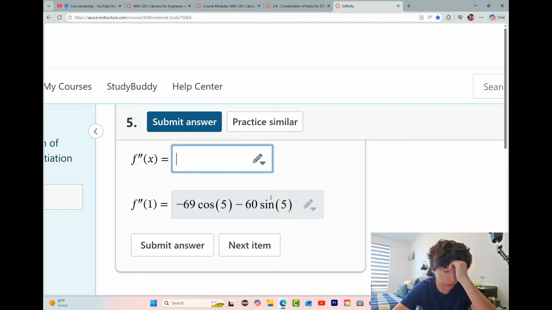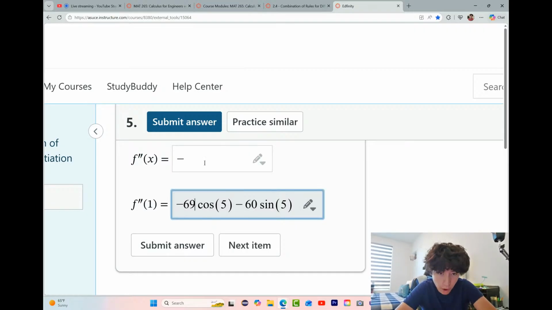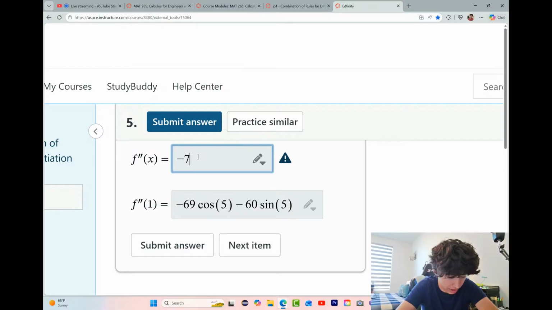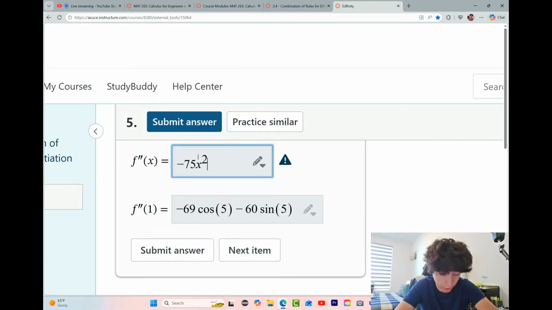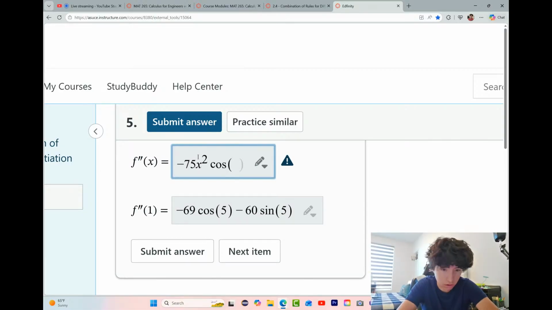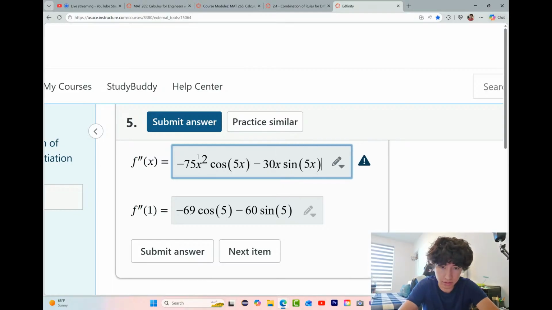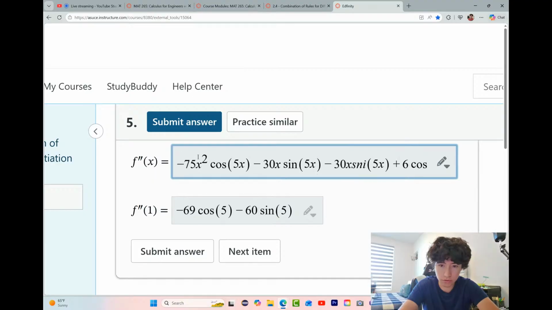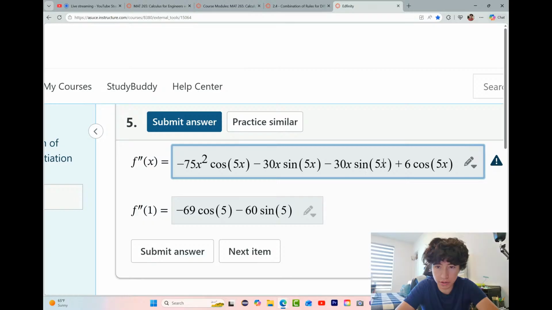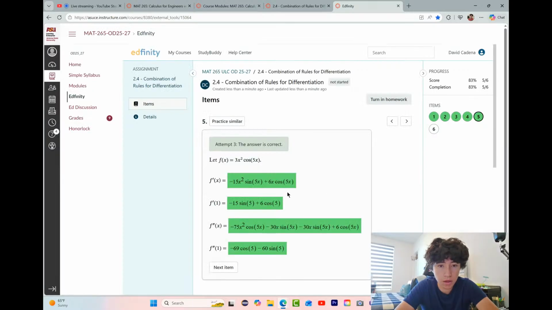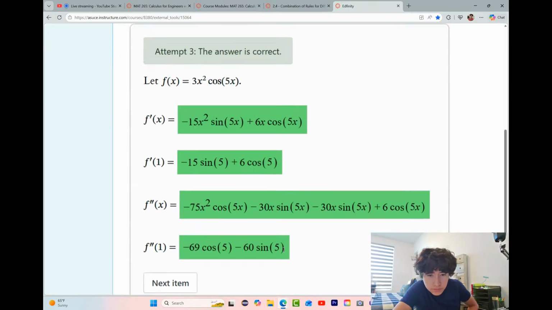I'm just going to write out the expanded version: negative 75x squared cosine of 5x minus 30x sine of 5x minus 30x sine of 5x plus 6 cosine of 5x. Perfect. Okay. I don't know why we got this wrong. Negative 30 minus 30 is negative 60.